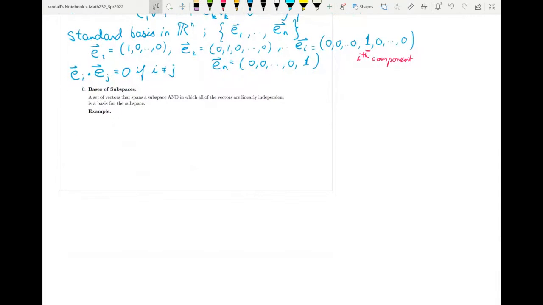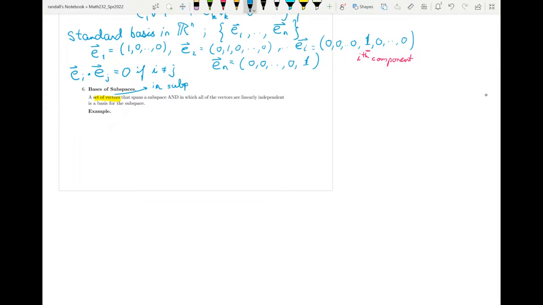All right, so finally, we're doing bases now. And this is the last topic. So bases of subspaces. A basis is a set of vectors, first of all, that spans, so I should say here, a set of vectors in a subspace.